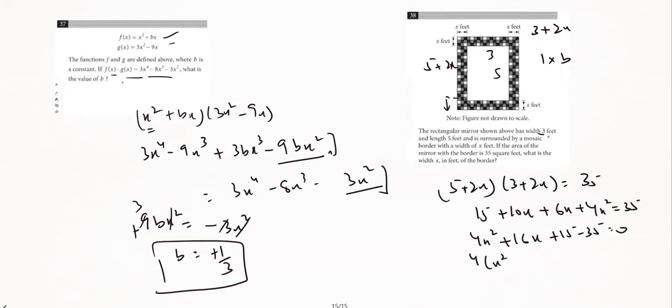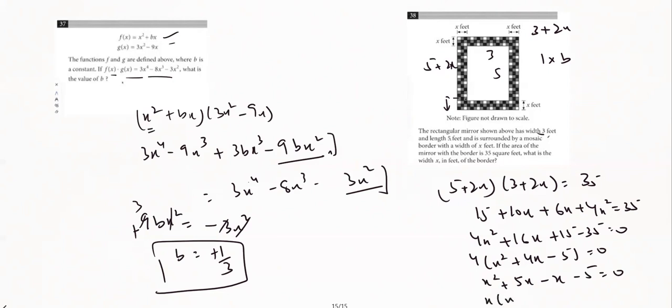4 common: x square plus 4x, and this is coming minus 20, so minus 5. Plus 5x minus x minus 5 is equivalent to 0.